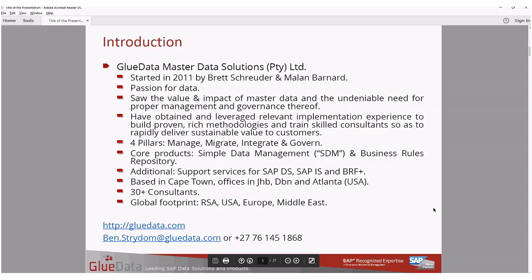That word sustainable: as a consultant, you come in, you implement something, and then you go off site, but the customer's left holding the bag. We really focus on having something manageable and understandable that our customers can control themselves going forward. We have four pillars in the organization: management, migration, integration, and governance.